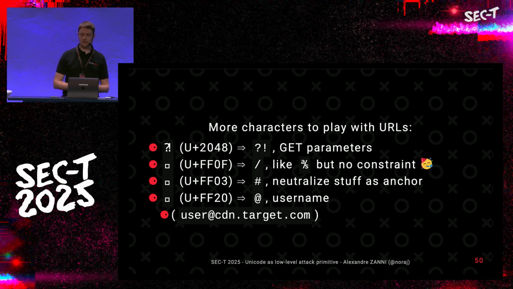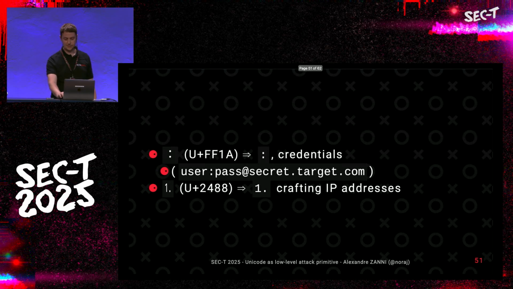So it's the same as the example we saw, but here you won't have any constraint on the TLD. And other stuff like getting an anchor or an @ sign to play with, for example, usernames.